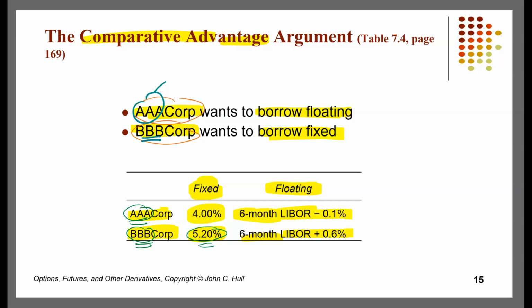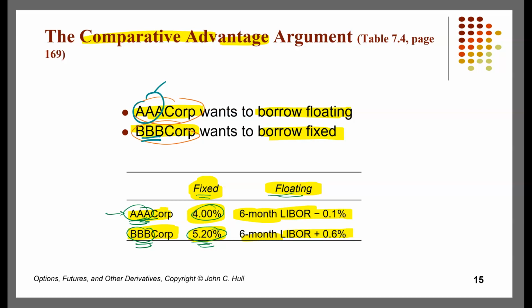So comparatively, AAA, which is the first company here with the better credit quality, is doing much better at the cost of borrowing in the fixed rate and floating rate markets than BBB corporation.